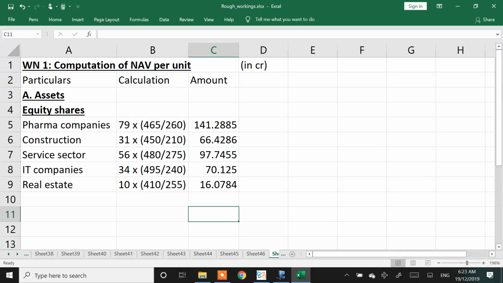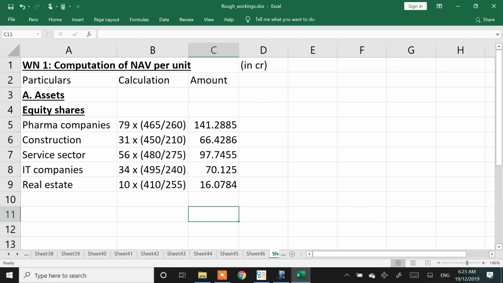Let me know if there are doubts in any of these numbers. Clear? Can we proceed?